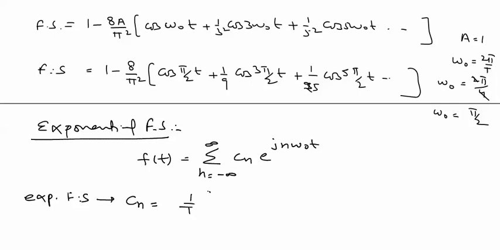This coefficient comes from 1 upon T, integral 0 to T, f(t) e power minus j n omega naught t dt. With this formula, we can calculate the exponential Fourier series coefficient.